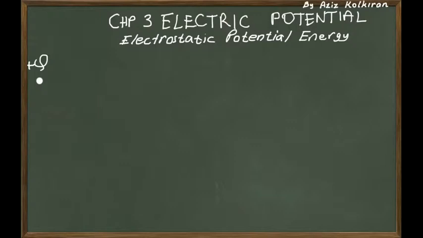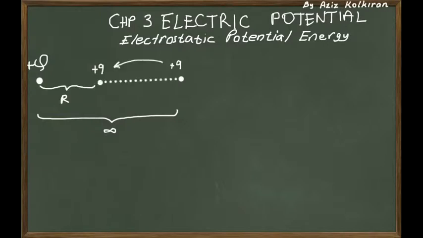And if you want to bring a second charge near this charge Q, do you have to do some work? Imagine there is a charge at infinity, a large distance away, and you bring this second plus charge to some position which has a distance r to the original charge.